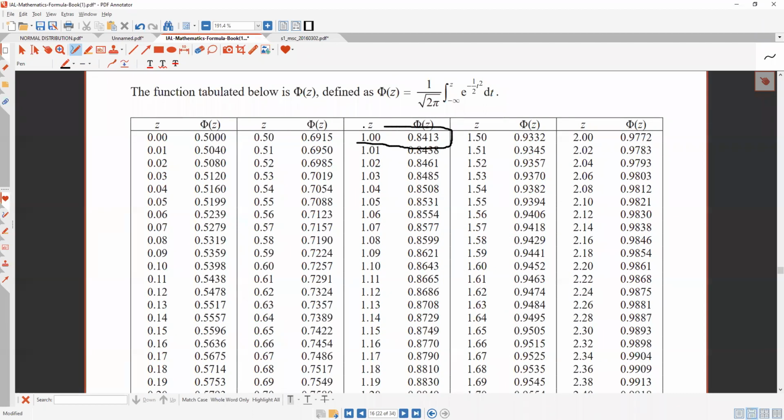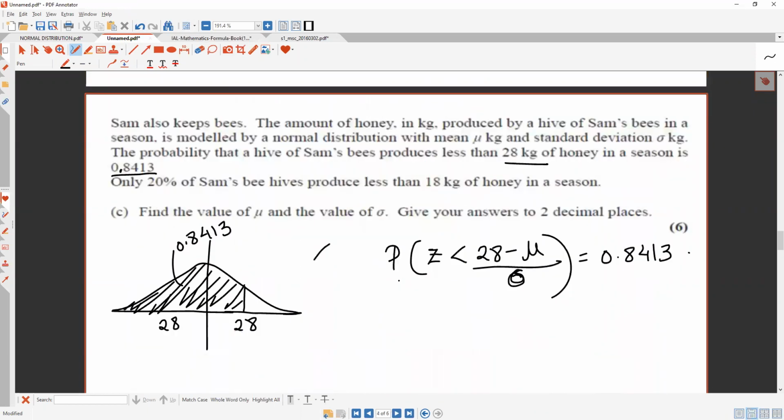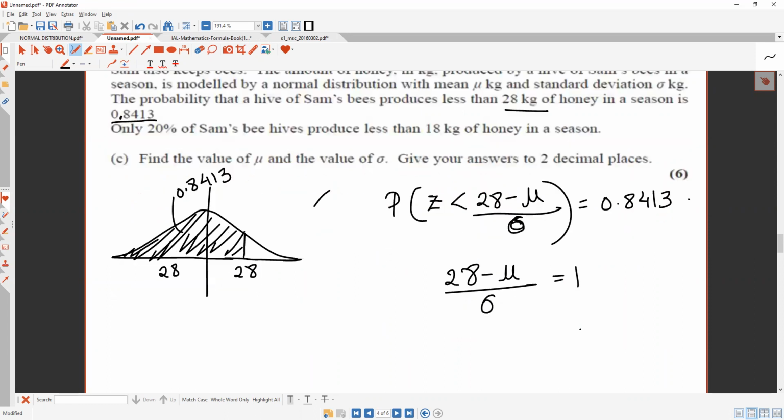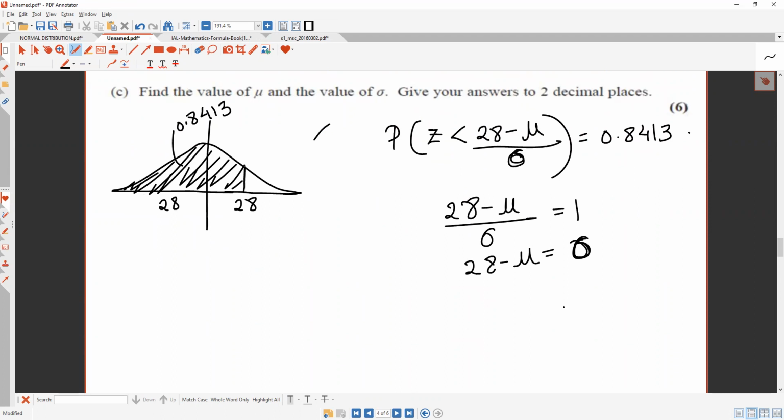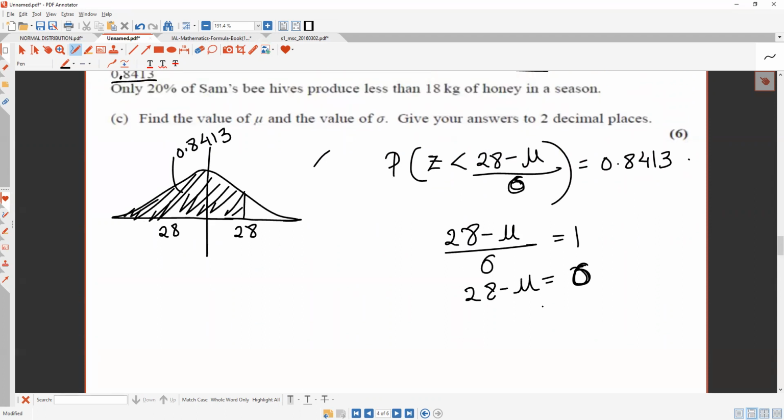How much is it? It's 1. So can you write this? You don't need to write probability or Z anymore. 28 minus mu divided by sigma is equal to 1. So that means 28 minus mu is equal to sigma. Clear or not, guys? Yes. Okay, this is your equation number 1.